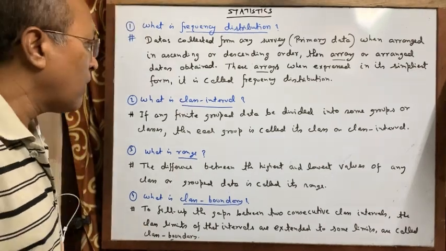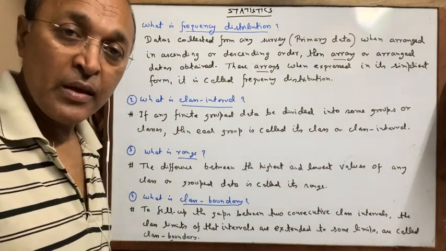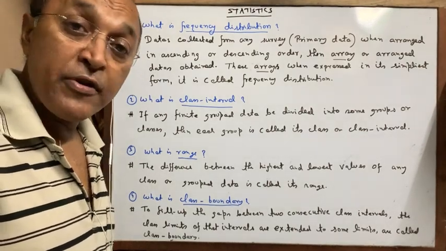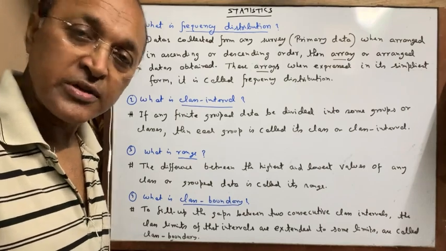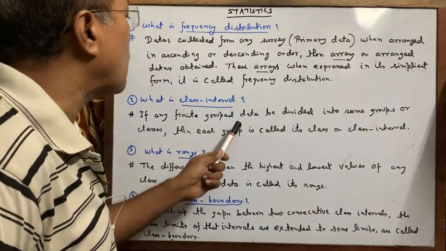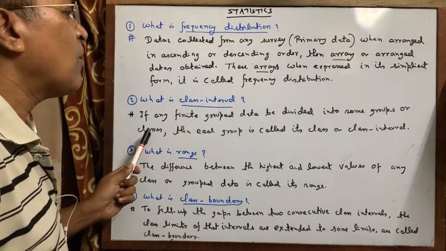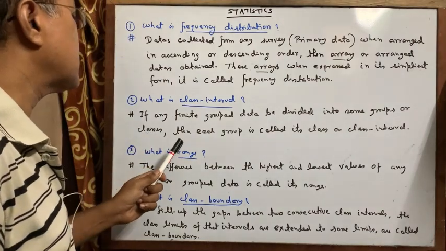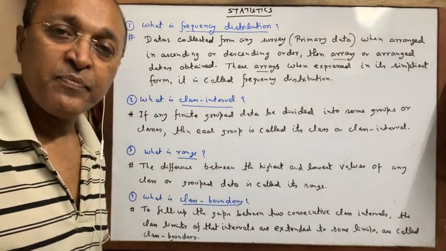Now the next important point that you must know before forming a frequency distribution table: if any finite group of data is divided into some groups or classes, then each group is called its class or class interval.